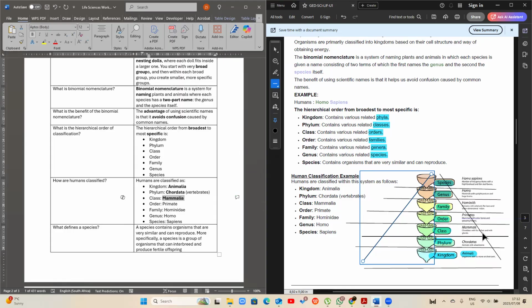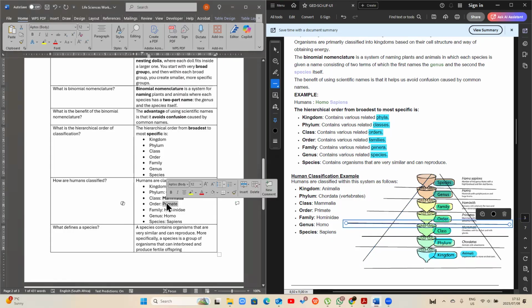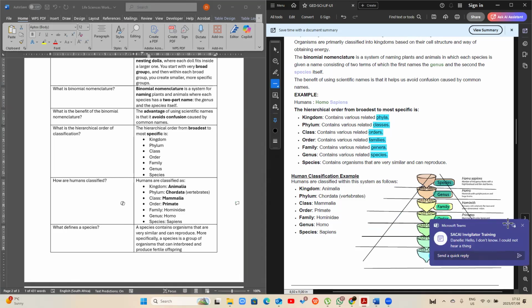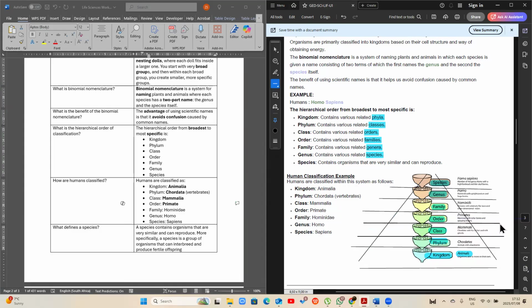So because we have hair follicles and because females are able to produce milk, we are known as mammals. That is the class we fall under. Then we fall under an order as well, and the order we fall under is the primate order. So because we are mammals that have collarbones and grasping fingers, so that means our fingers are able to bend, that means that we are known as primates.